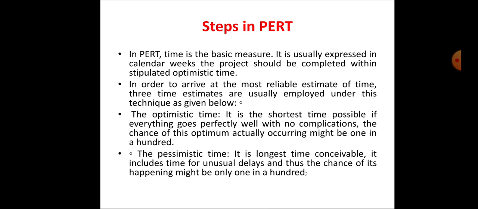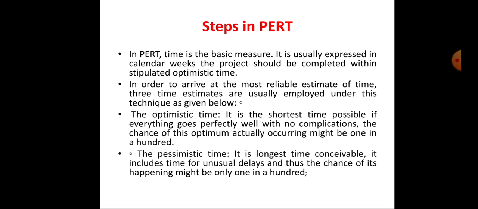In PERT, time is a basic measure. It is usually expressed in calendar weeks, and projects should be completed within the stipulated time. In order to arrive at the most reliable estimate of time, these time estimates are usually employed, given below.